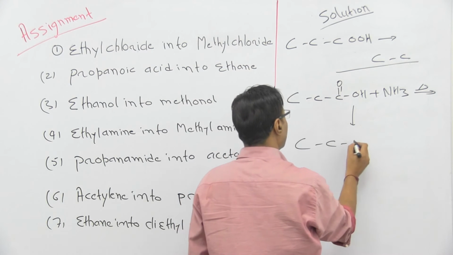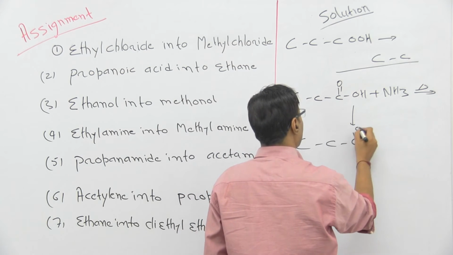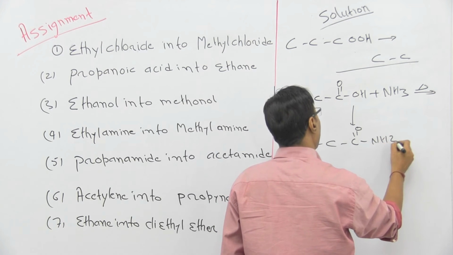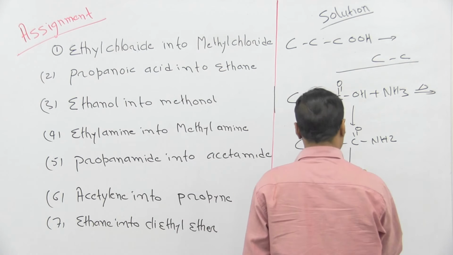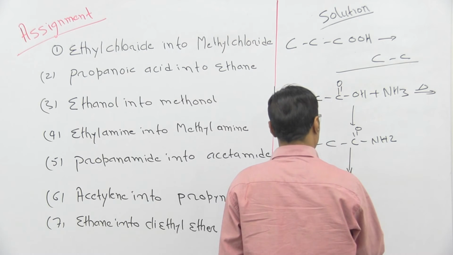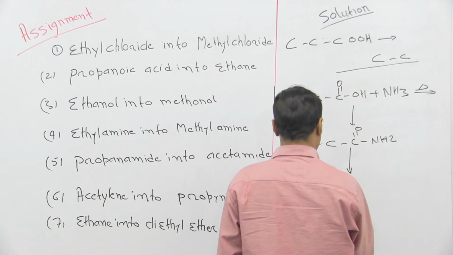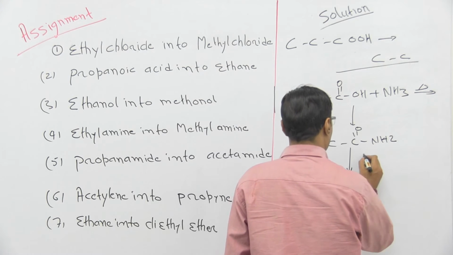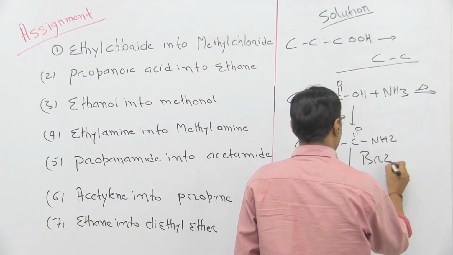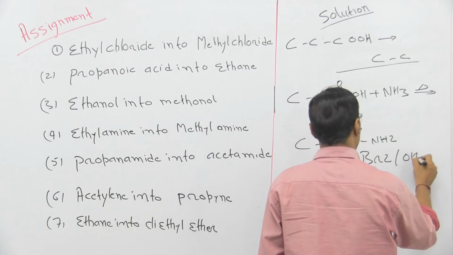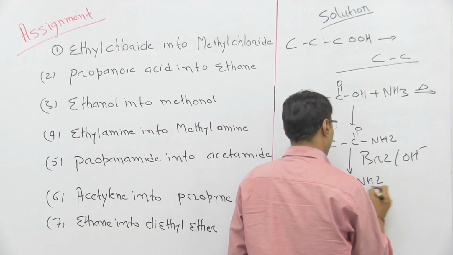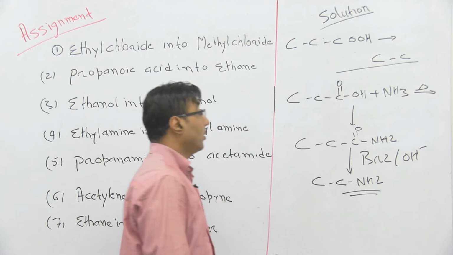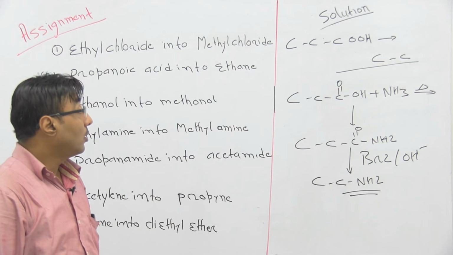So it is CnH2. This is the Hofmann bromamide method. What reagent are we taking? Br2 in the presence of a strong base. But what do we want?